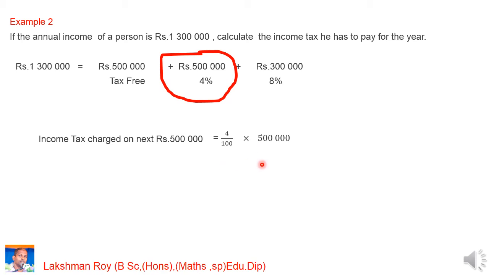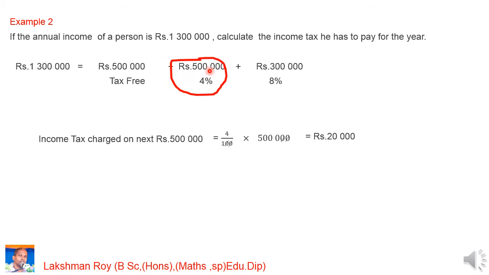Easily you can cut zeros: 100 and two zeros in 500,000. Then you multiply 4 by 5,000 rupees. That gives 20,000 rupees. So this is the amount paid as income tax on this 500,000 rupees.